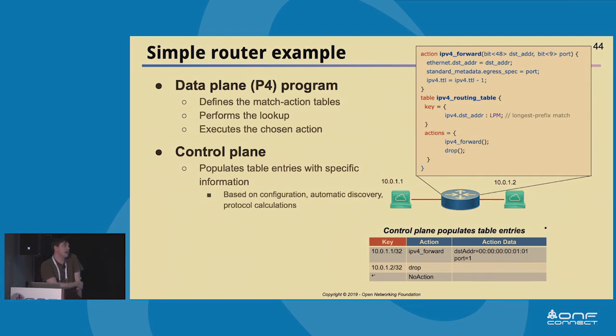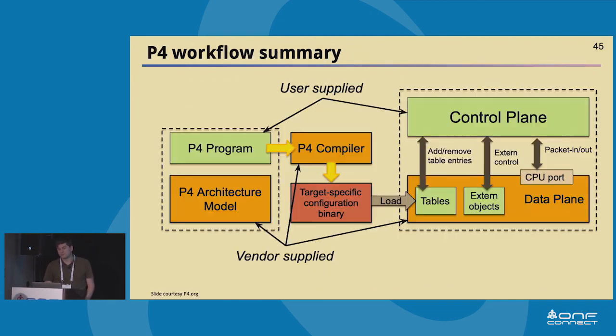And this can be a standard BGP or OSPF control plane. What we need in this case is an API to insert table entries in the table we define using P4. So to summarize the workflow, including the control plane, we have to write a P4 program to use P4 with a programmable or fixed function switch.